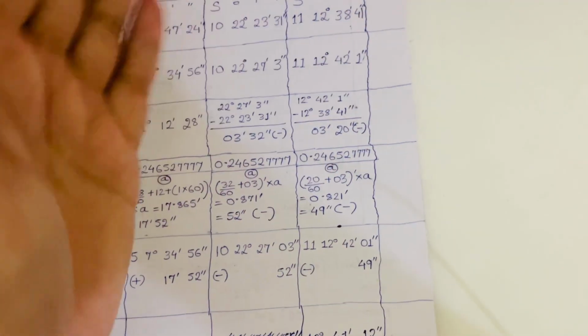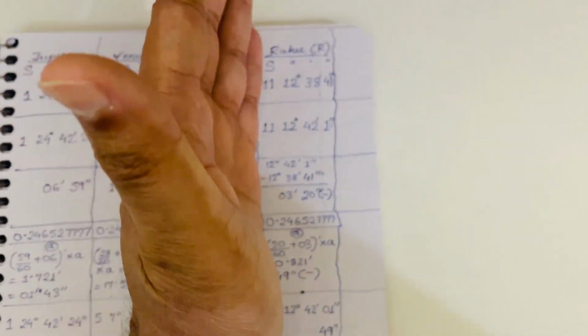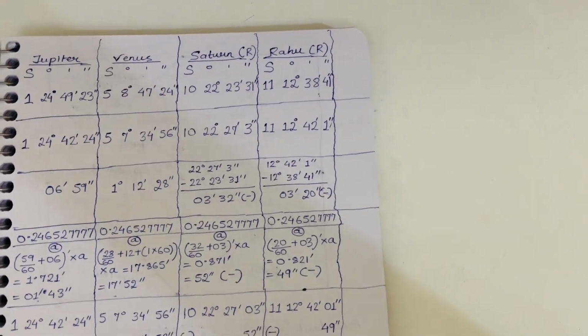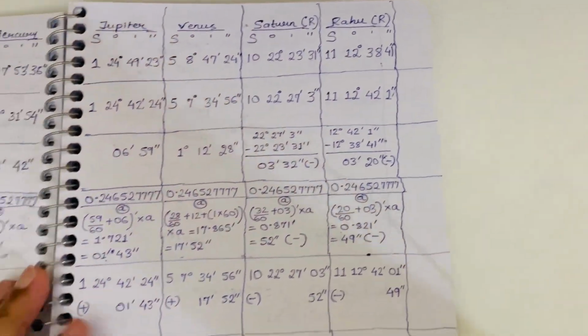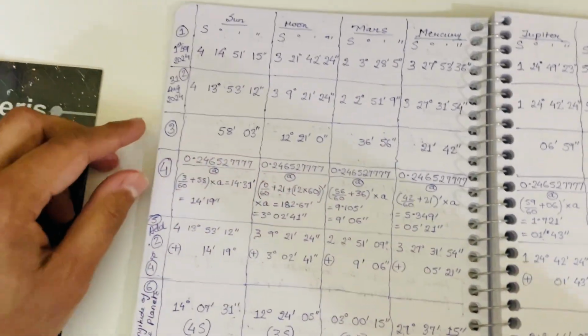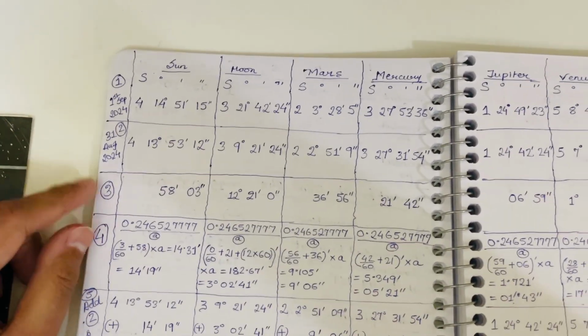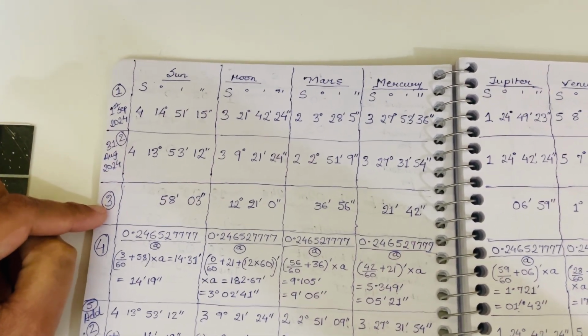Similarly, we have applied the same concept for Rahu also, because Rahu is also retrograde, which means this value is greater than this value. Now we have completed step 3 also. Step 1, step 2, and step 3 are completed.